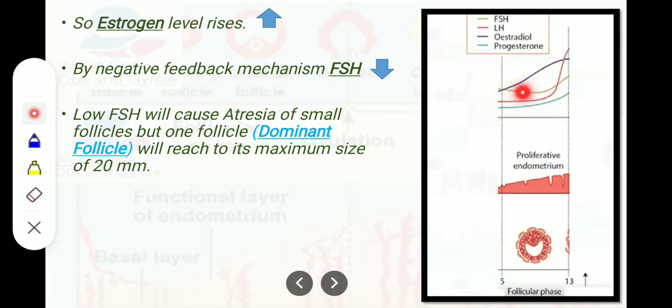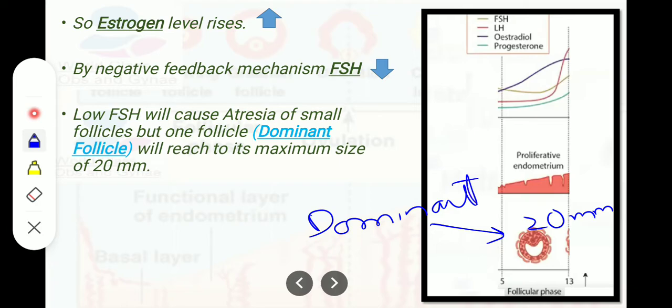And what is the effect of this low FSH? Low FSH will cause atresia of the small follicles, and one dominant follicle will reach its maximum size of 20 mm. So what is the main cause of this dominant follicle? That is basically low FSH, which causes atresia of the small follicles, but one follicle, the dominant follicle, reaches its maximum size of about 20 mm.